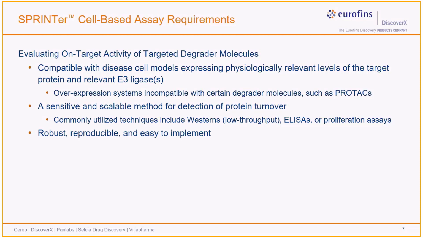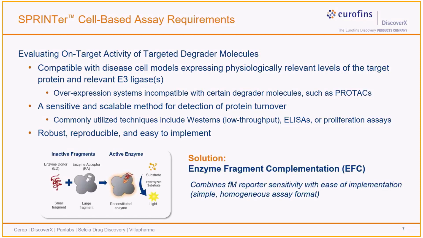To provide such an assay platform, we decided to use our EFC technology, or enzyme fragment complementation, to develop an assay platform that could quantify endogenous protein turnover. Our EFC assay is a simple and homogeneous platform that is sensitive, robust, and well accepted in the industry for cell-based functional assays.